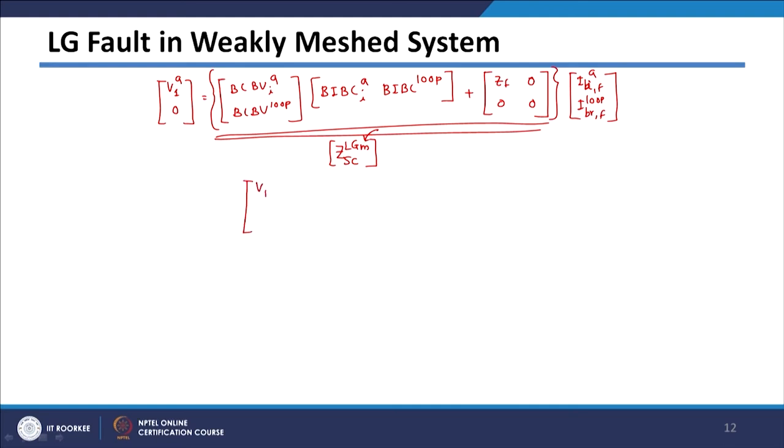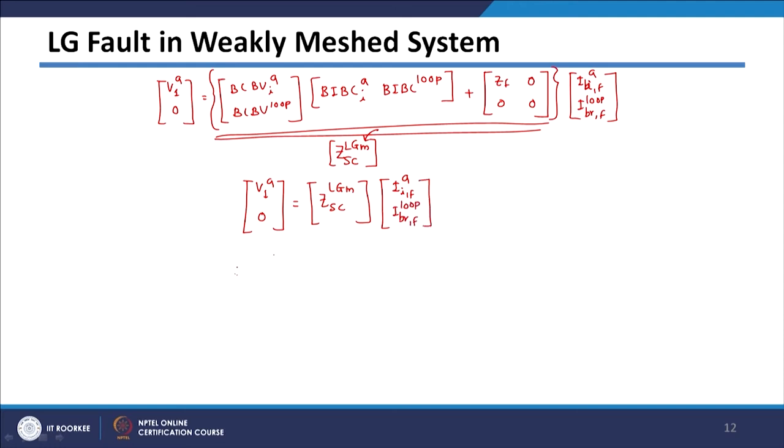V1A 0 will be equal to this short circuit matrix LGM multiplied by fault current in A phase and loop forming branches.